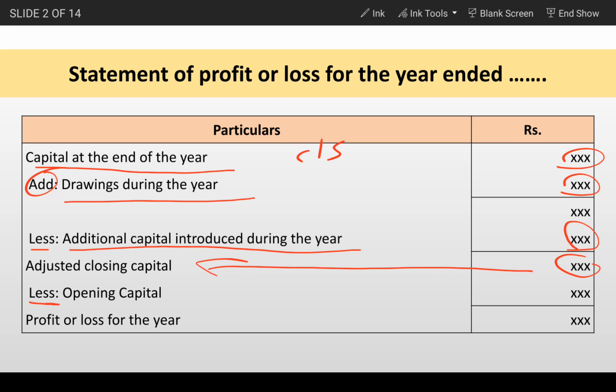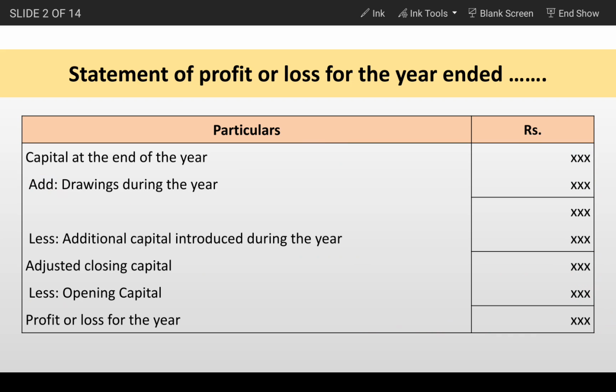After that we have to subtract opening capital, and the difference is called profit or loss. For example, if the answer is 2 crores, then it's profit. If the answer is negative 2 crores, then it is loss. If you don't understand this, don't worry, I will give you a better explanation later.